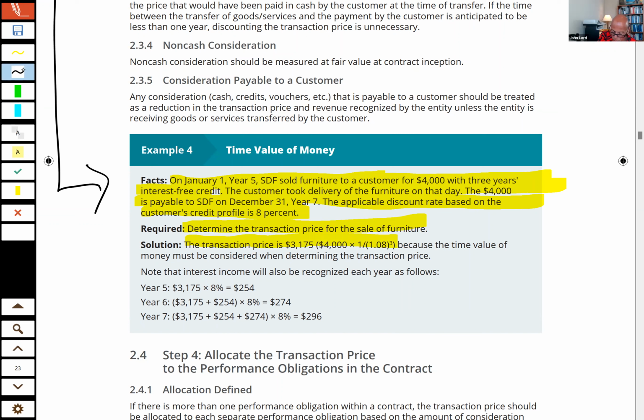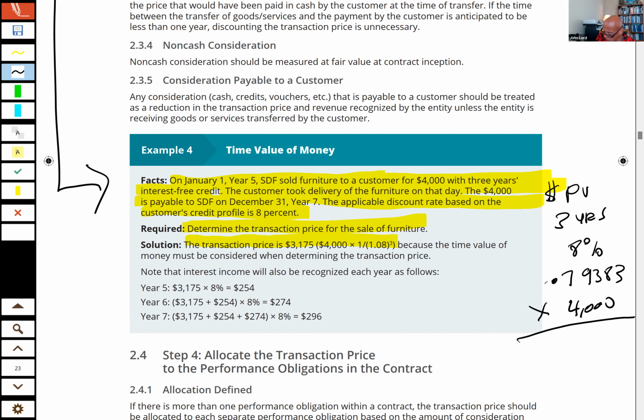Now, what you would do is go to the present value of a dollar table here, and you would go to the 3-year row, and you'd go to the 8% column, and in there is a factor, 0.79383, is the way I like to think about this, okay? And then you would take that and multiply that by 4,000, and that's where they got that 3,175.